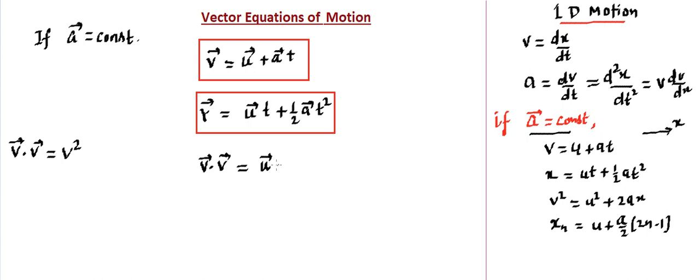In place of u square you will write u vector dot u vector plus 2 times, there has to be acceleration, which is a vector quantity, and a displacement, which is also a vector quantity, and they are going to be multiplied. And we have understood in vectors there are two types of multiplication. Either we need to place cross or dot. Can you think of what we should place over here? The principle of homogeneity will say whatever is written on the left side, a similar term has to be on the right hand side, or all the terms should be of the same category.